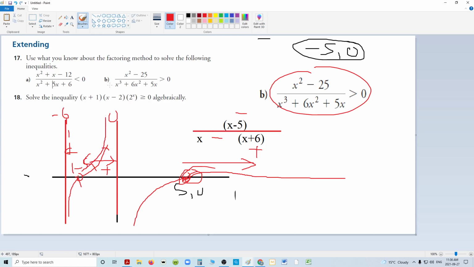Just to make sure, you can take minus 5.5, which is close to this, and you get minus, minus, plus. Oh, hang on, let's try that again. Let's make sure at minus 1 it's minus. I get minus, minus, and plus. Yeah, it becomes positive.